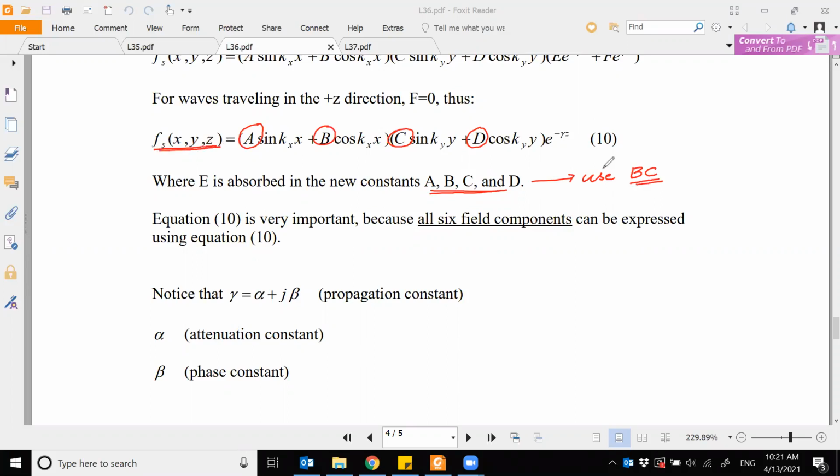So this represents all the 6 field components, which are Exs, Eys, Ezs, Hxs, Hys, and Hzs. It represents any of the 6 field components. And what is gamma here? Gamma is alpha plus j beta, which is my propagation constant, where alpha is my attenuation constant and beta is my phase constant.